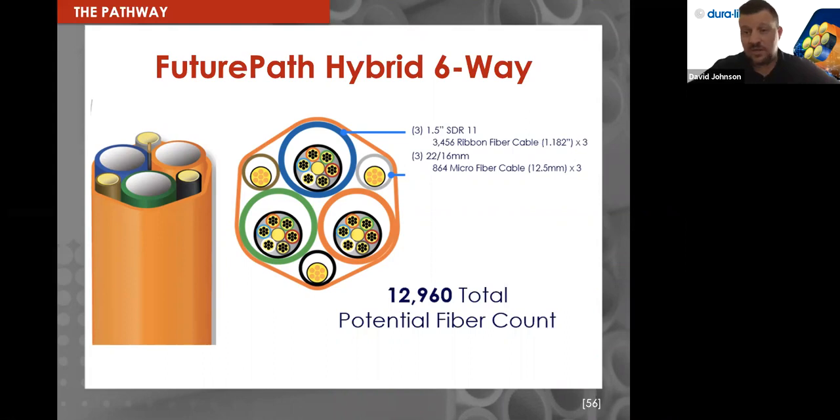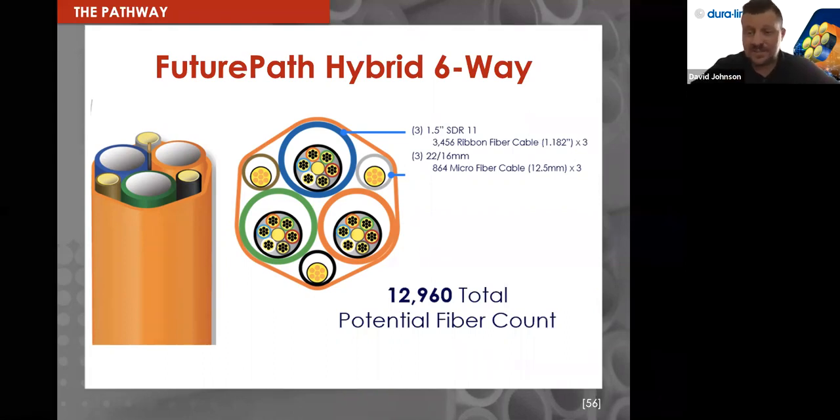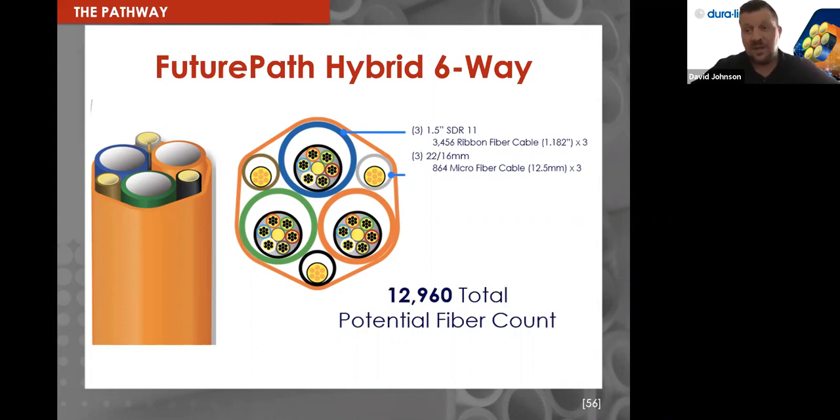We could pay the contractor once, install this into the ground once, and I've got 6 pathways, more pathways than you'll ever get with a 4-inch. So really this product does replace it. It is kind of a no-brainer. The cost of this is less than a 4-inch and Maxell, or a 4-inch and inner ducts that you're putting inside. So you're not only saving money on material, but you're also saving money on labor as well.